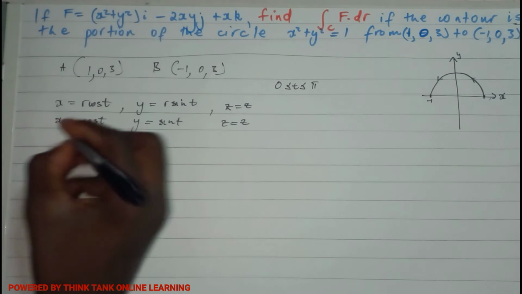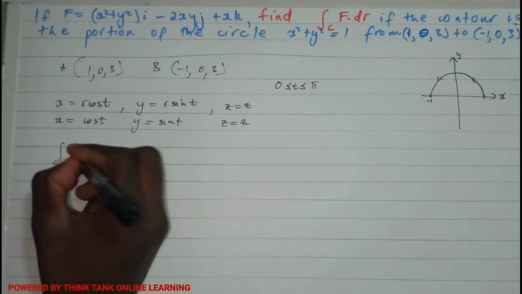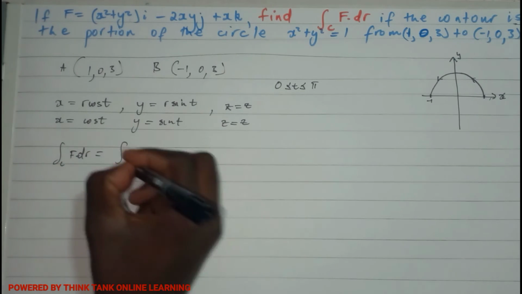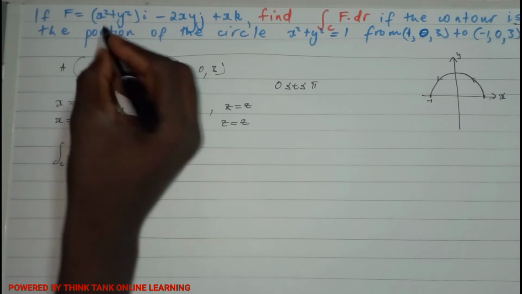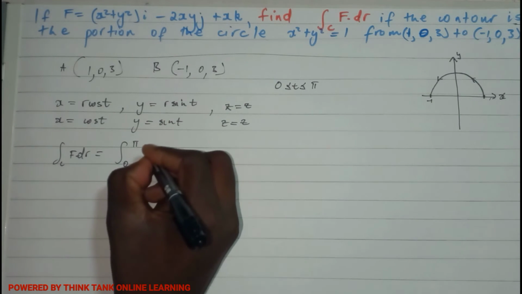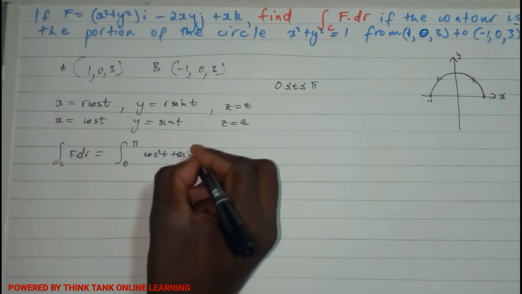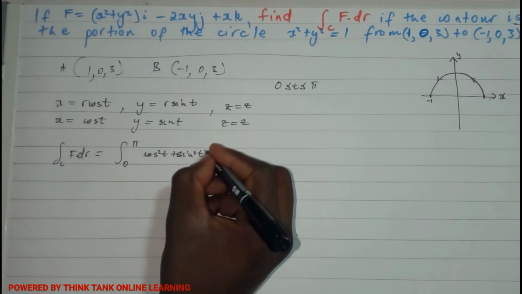We're going to say the integral over C of F dot dr is the integral from 0 to pi for t, and we have x squared plus y squared, so this is going to be cos squared t plus sine squared t, times i.